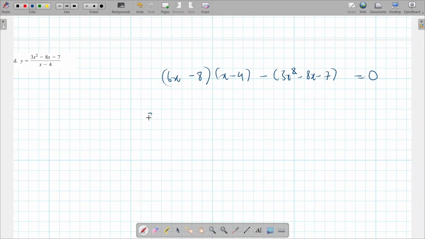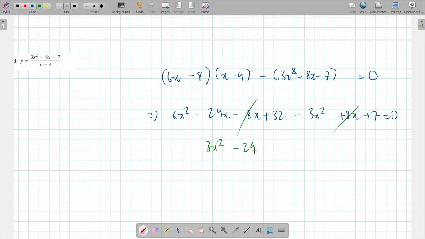Let's open these brackets. 6x squared minus 24x minus 8x plus 32 minus 3x squared plus 8x plus 7 equals 0. 8x, see you later. 3x squared minus 24x, 32 plus 7 is 39. You set that equal to 0.